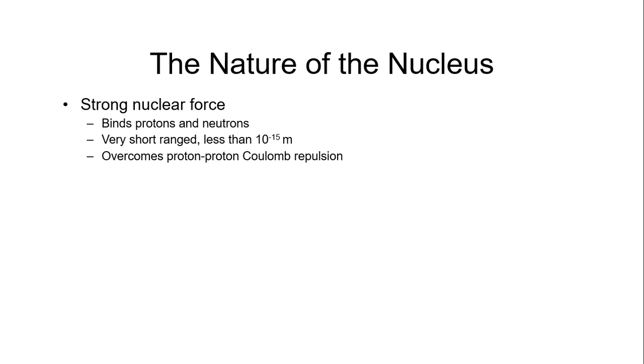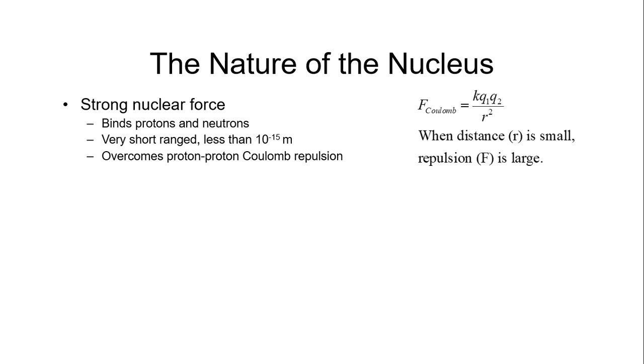All right, now here's a very important point. This is very critical when we talk about the protons in a nucleus. If you think about it, protons are all positively charged, but they're very close together. Now, if you remember from Coulomb's law, back when we talked about electricity, we found this relationship that the Coulomb electric force is going to be a constant times the product of the 2 charges divided by r squared.